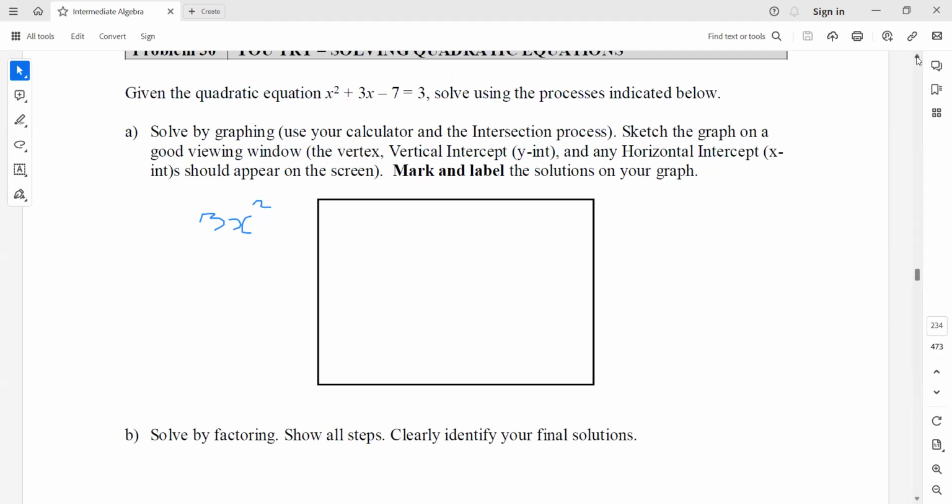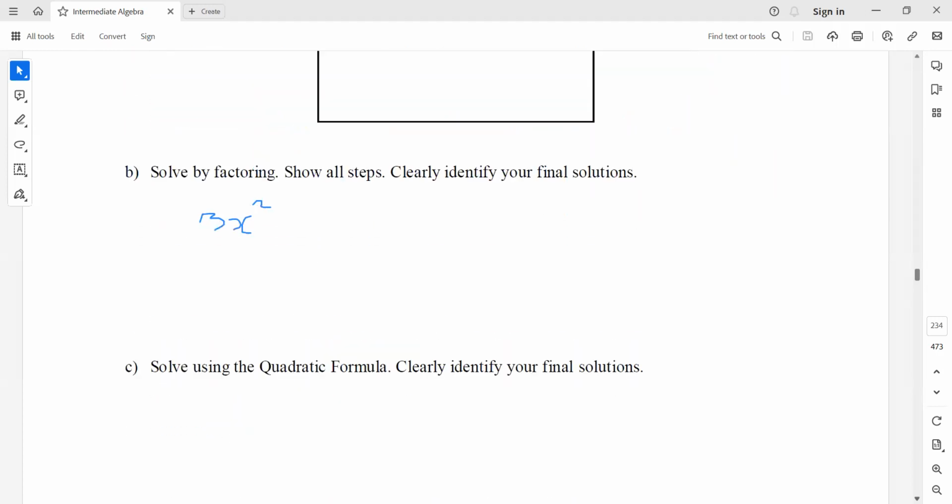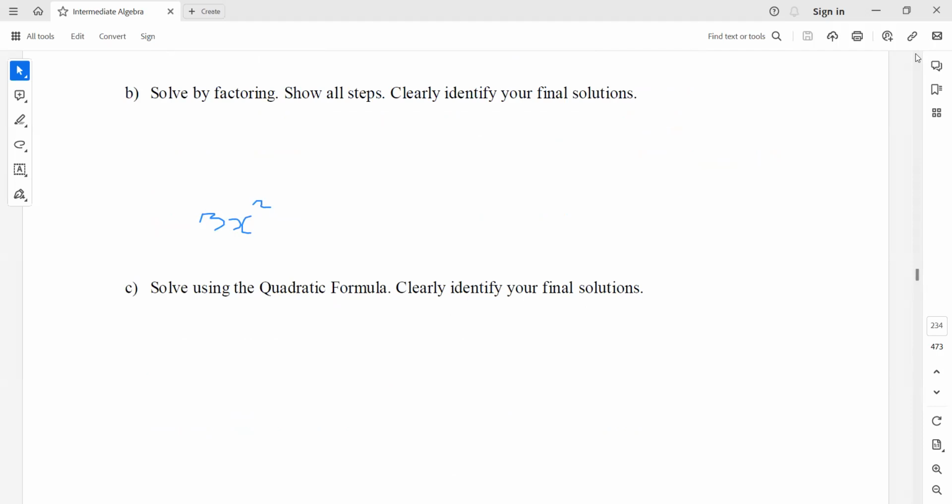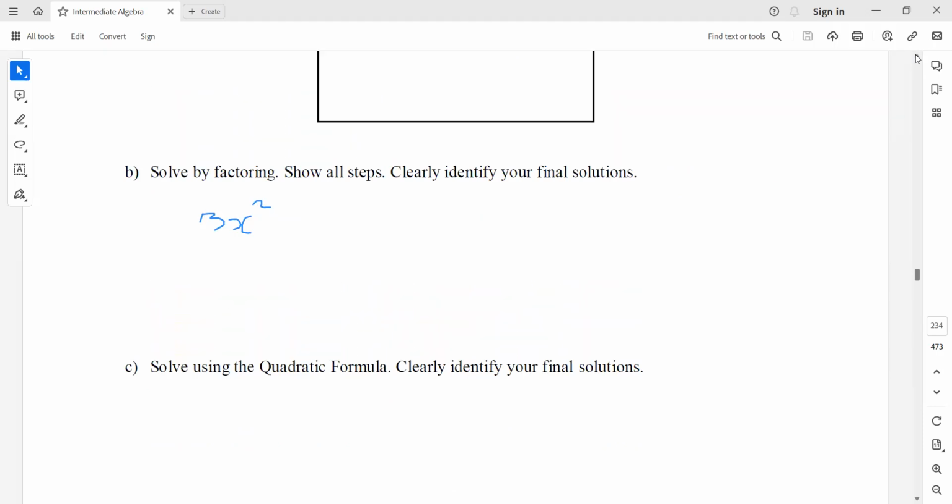So 3x squared plus 3x minus 7 equals 3. So I'm going to erase that. x squared plus 3x minus 7 equals 3.